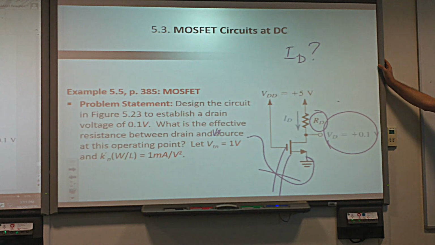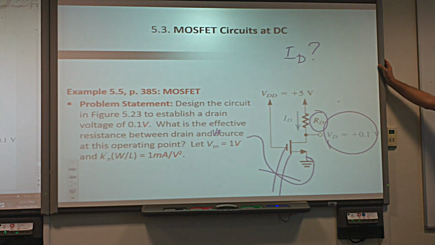How to check? What to check to know the region of operation? Wait a second. Let's give somebody a chance. You tell me one condition. There are two conditions. First, I have to see VDS if it's greater than or less than the overdrive. Very good. This is one condition. The other condition? VGS?